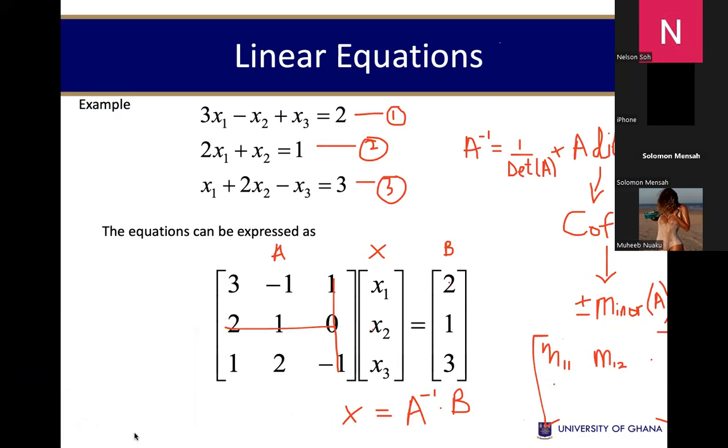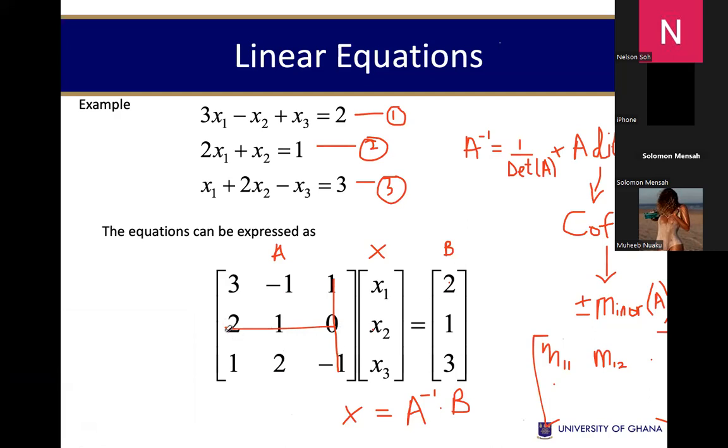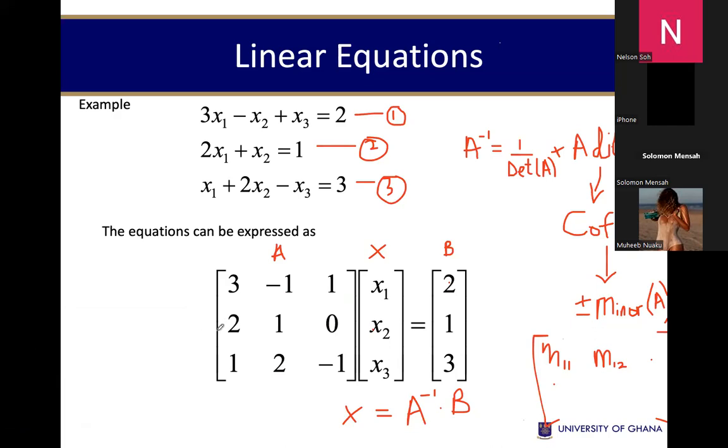Then I move on to the last set. I cross this and cross that, and that should give me -1, 1, 1, 0, which gives my M31 down here. Can you see that?